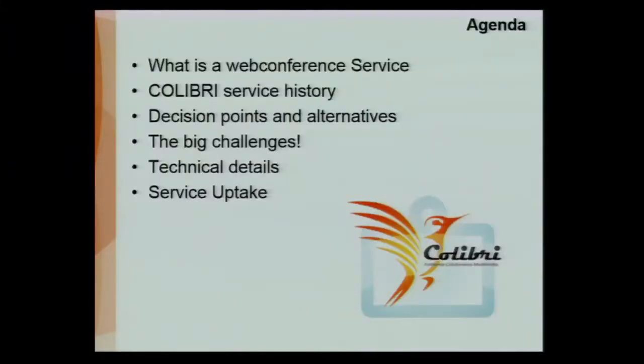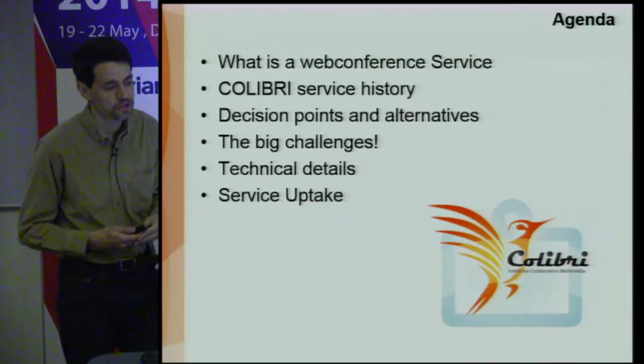The agenda will be mainly a brief on what a web conferencing service is, the Colibri service that we have been providing since 2009, the decisions made last year and why they were important, and what the big challenges are when we are trying to provide a cloud service that was made for the whole internet, because vendors don't provide this for academia specifically, and there are a few challenges that NRENs and the institutions must cope with and solve in order to provide the service to their users.